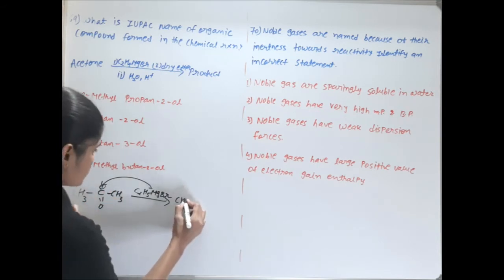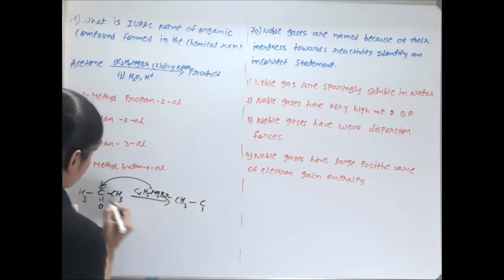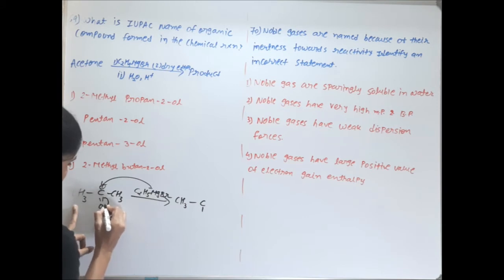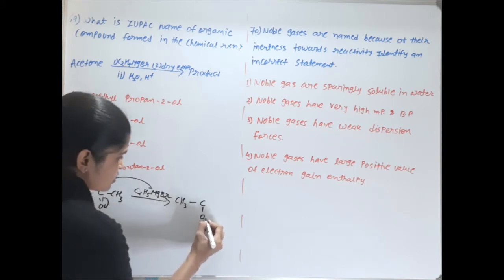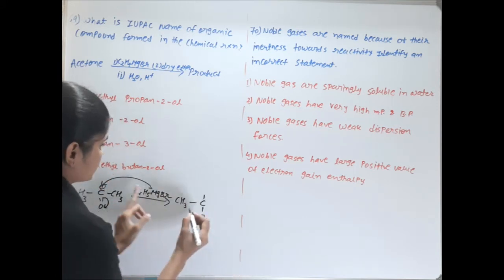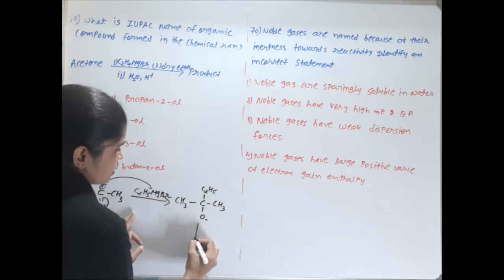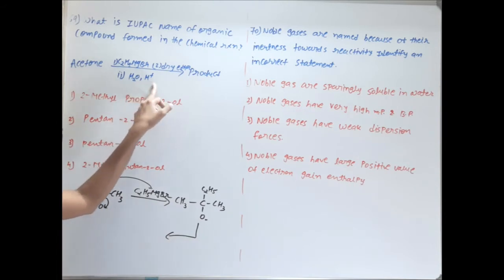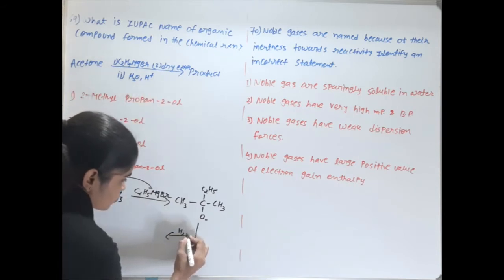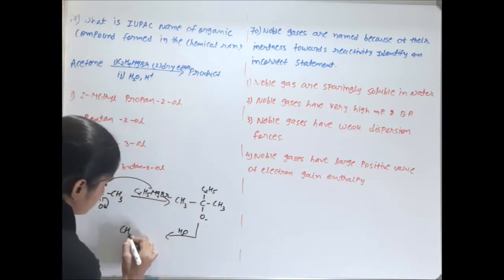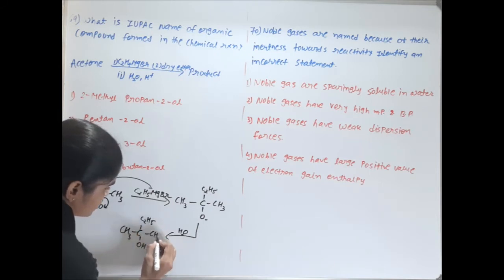It is converted into CH3, C with a double bond, and for stability it is converted into a single bond, attached to C2H5 and CH3. Next, hydrolysis with H2O and H plus gives CH3, C2H5, OH and CH3.